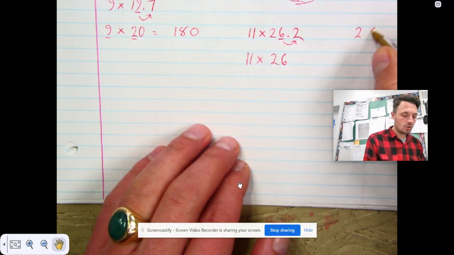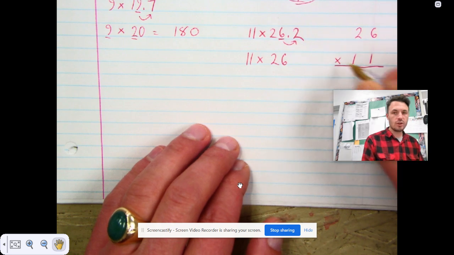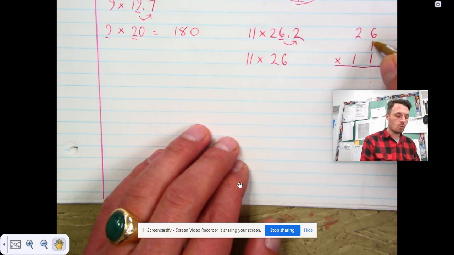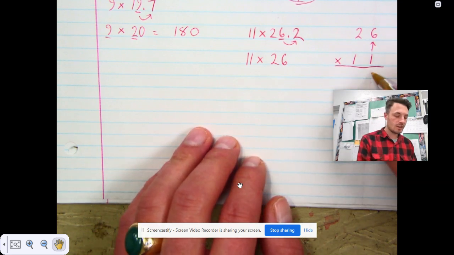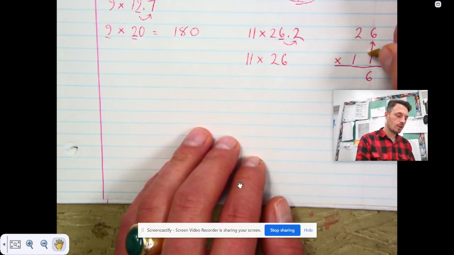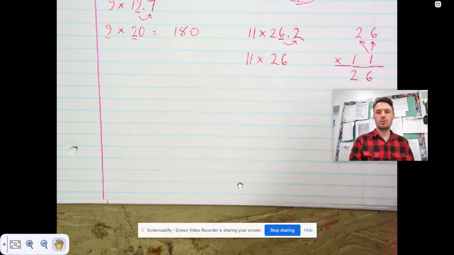This is a good opportunity to review multiplying a 2-digit number by a 2-digit number. We start by multiplying our ones place on bottom by our ones place on top. 1 times 6 is 6. And we multiply our ones place on bottom by our tens place on top. 1 times 2 is 2.